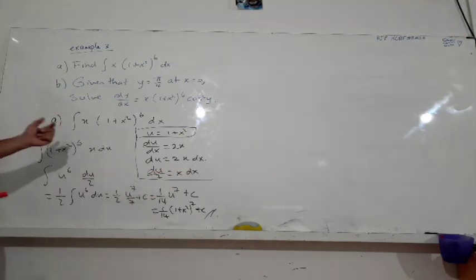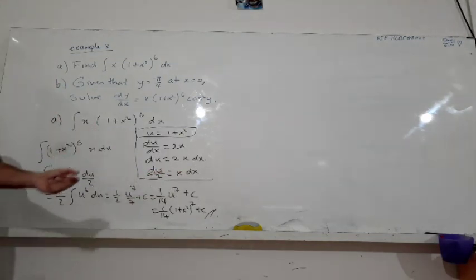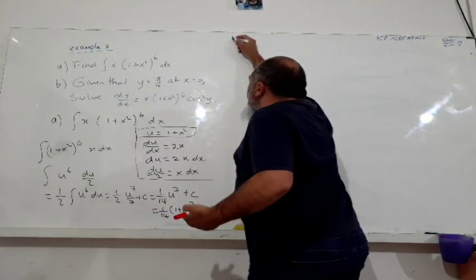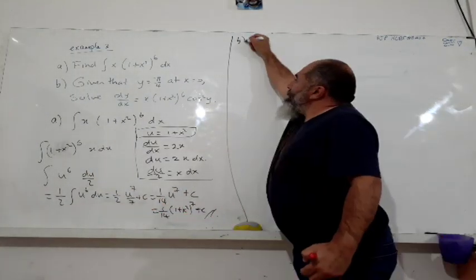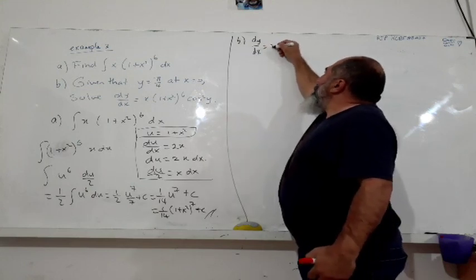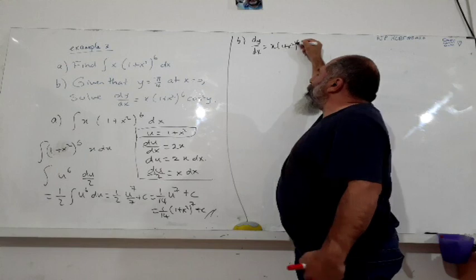Now, part B of the question. dy over dx is equal to x times (1 plus x squared) to the power of 6 times cosine squared y. That's a separable differential equation.